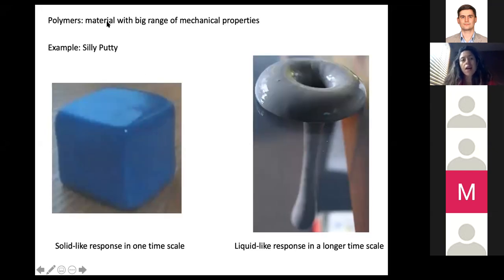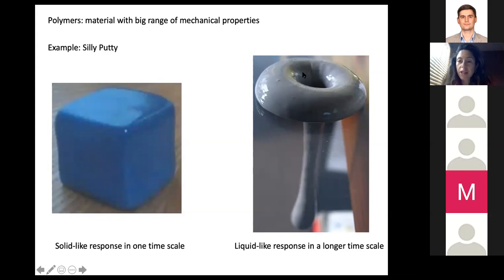So polymer melts are materials with a big range of mechanical properties. For example, silly putty is a material that kids play with, and they can shape it into a box, leave it on a table, and it will sit there like a solid for some time. But then if you come sometime later, it will start flowing like a liquid.